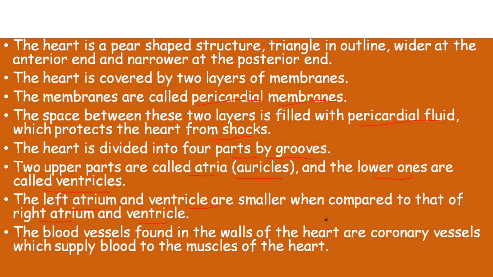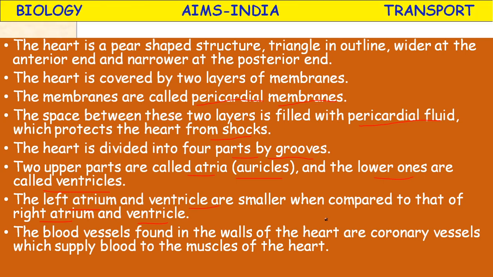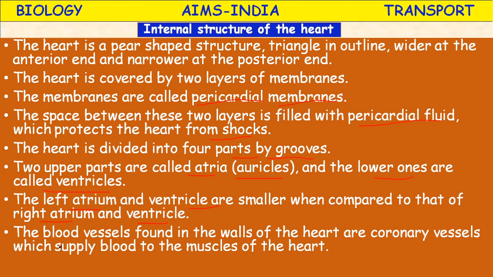Okay, next, the blood vessels found in the walls of the heart are coronary vessels. Okay, you know the blood vessels, they are large blood vessels are there. They are mainly divided into two, arteries and veins.